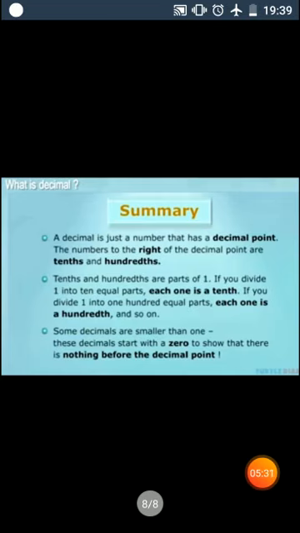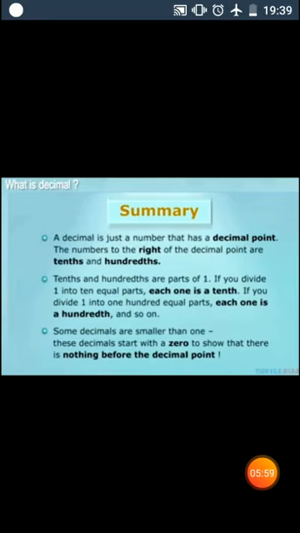Summary: a decimal is just a number that has a decimal point. The numbers to the right of the decimal point are tens and hundreds. Tens and hundreds are part of 1. If you divide 1 into 10 equal parts, each one is a tenth.